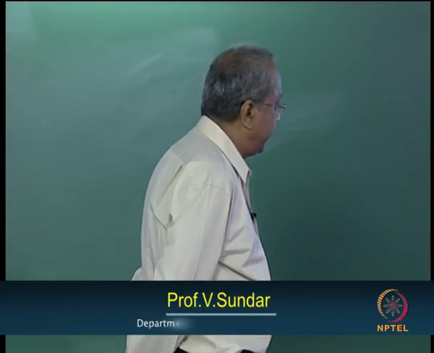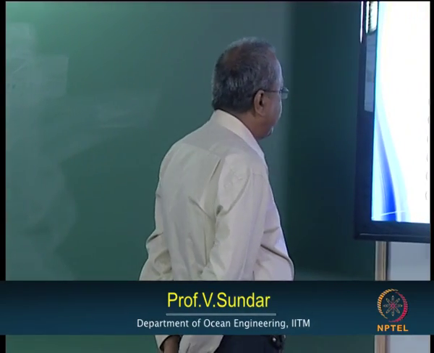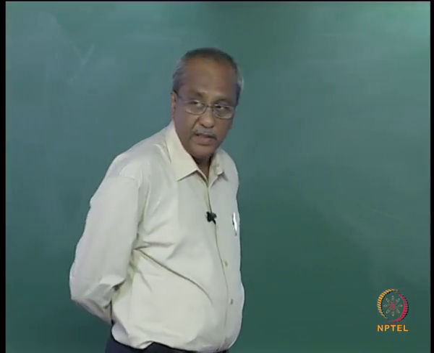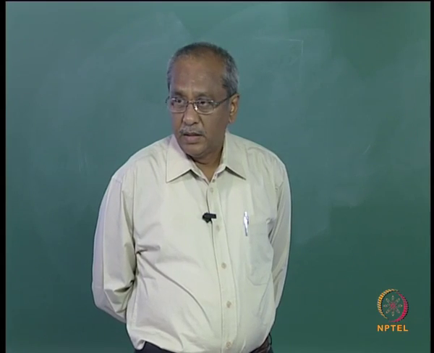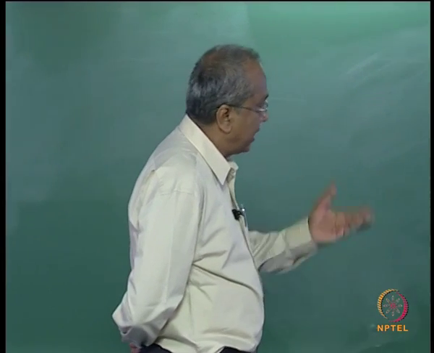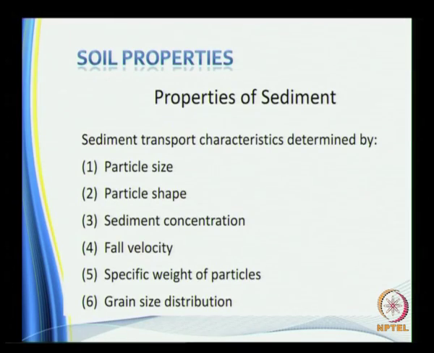Next, soil properties. The properties of sediments are very important in the phenomenon of scour. These are the characteristics of the sediments which control or govern the extent of scour, namely the particle size, particle shape, sediment concentration, fall velocity, specific weight of particles as well as grain size distribution.